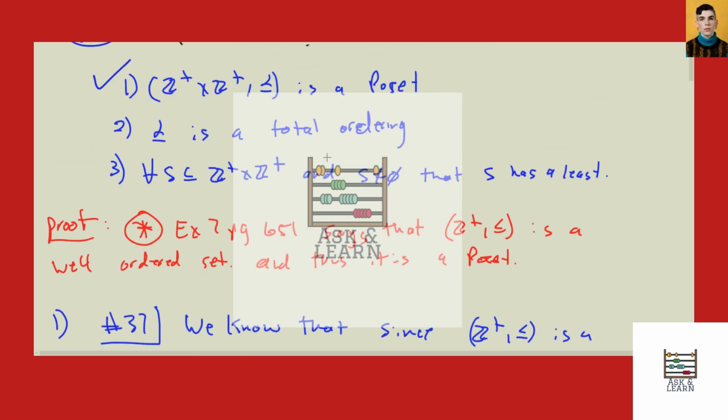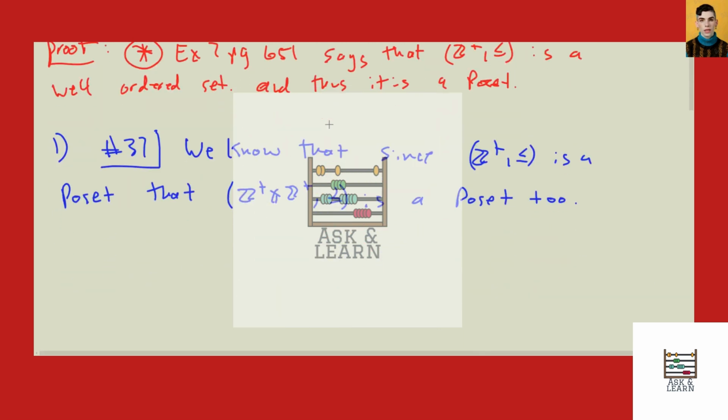That's nice. Now we want to show that our lexicographic ordering is a total ordering. All right, so 2. So what we want to show is that for any two elements, they're comparable. So that's what it means to be a total ordering. So we're going to let (A, B), (C, D) be elements of Z plus cross Z plus.